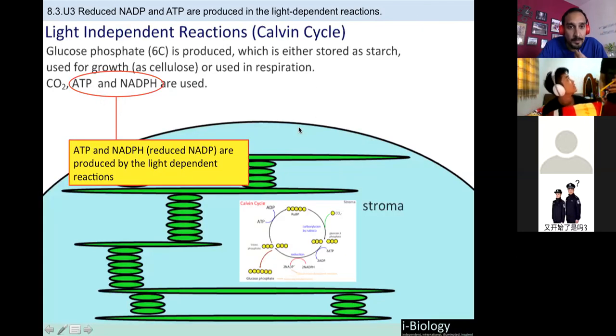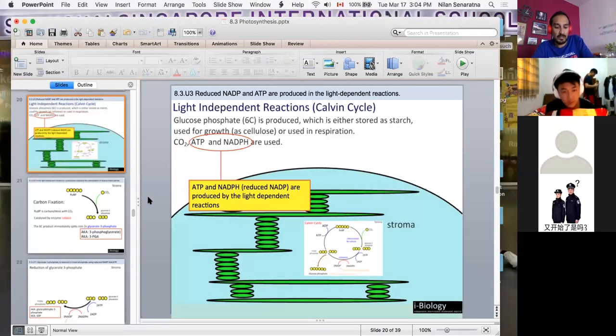So this has many different names. You might see it called the Calvin cycle. You might see it called the dark reaction.